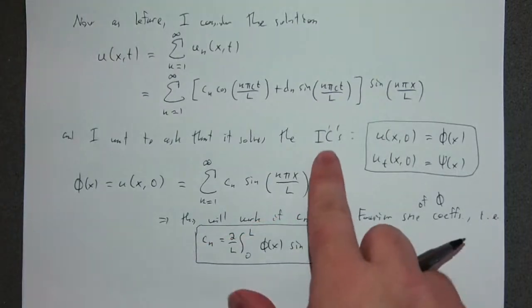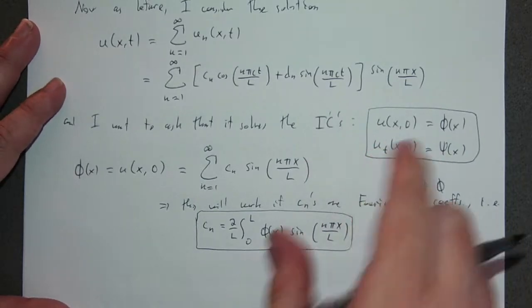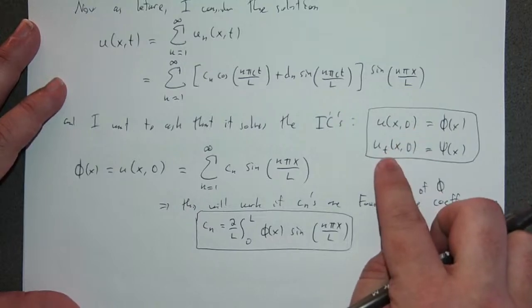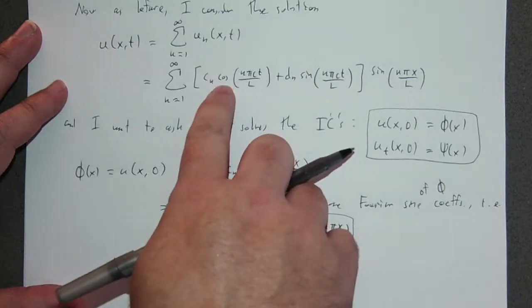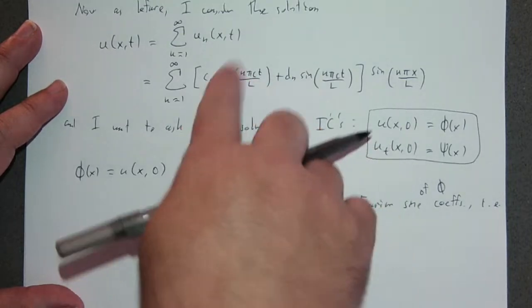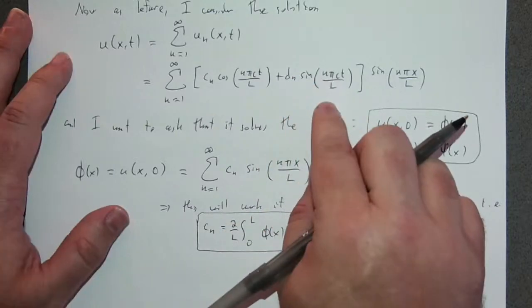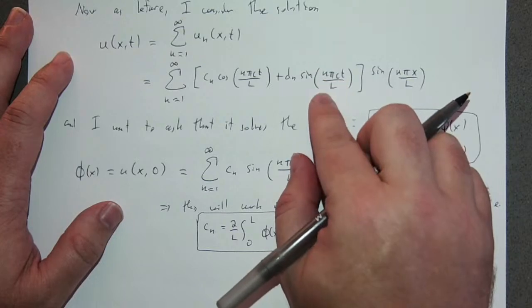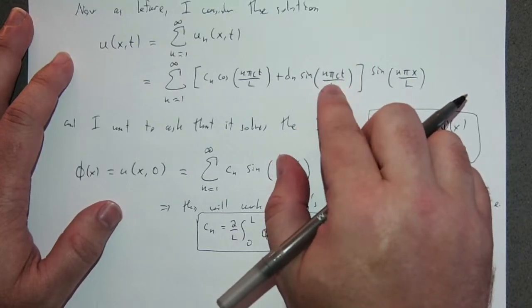So the second initial condition, right, is this one. And I can differentiate this thing term by term here. So derivative of cosine is minus sine with some constant, whatever, I don't care. And then derivative of sine is the constant, m pi c over L times cosine of m pi c over L here, right?